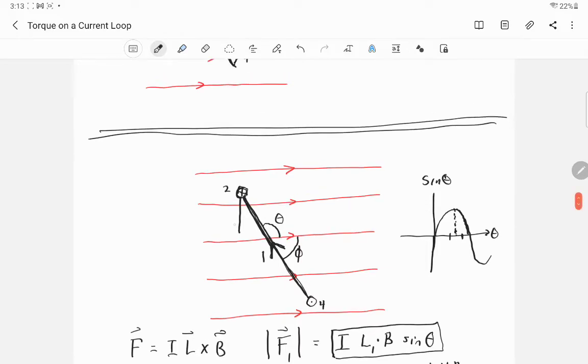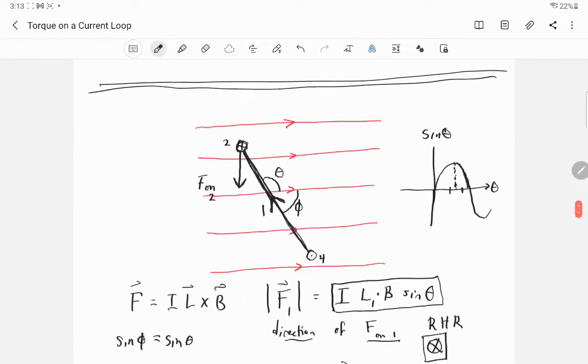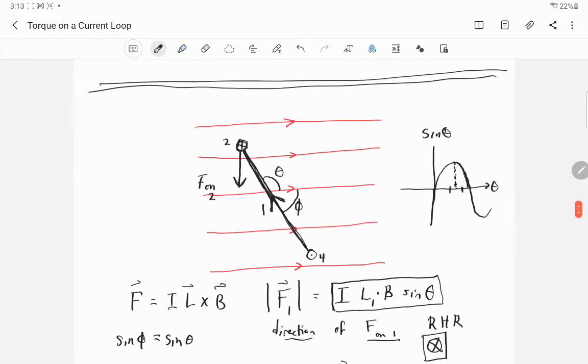Yeah, this is true. So this is the force on segment 2. And when you calculate the force on segment 4, you get this arrow. And this arrow, the force on 4, is in the opposite direction. Can you see the force on 2 is down and the force on 4 is up?